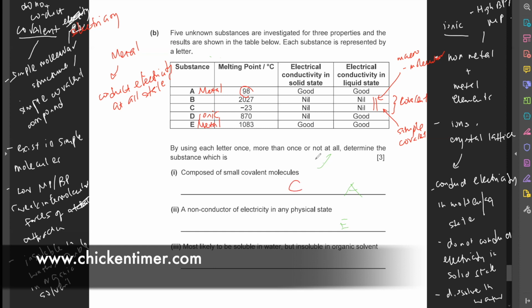That's why this is actually C. A non-conductor of electricity in any state. You want to read the question again? So you can put B or C.